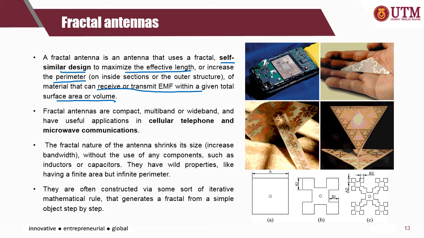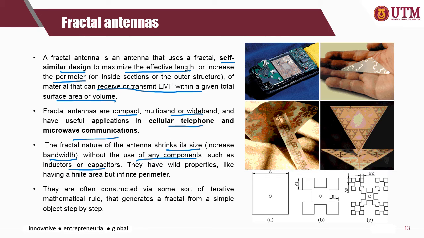Fractal antennas are compact, multi-band or wideband depending on the design, and usually used in cellular, telephone, and microwave communication. The fractal shrinks the size but increases the bandwidth, without the use of any components such as inductors or capacitors, so it reduces the design process.